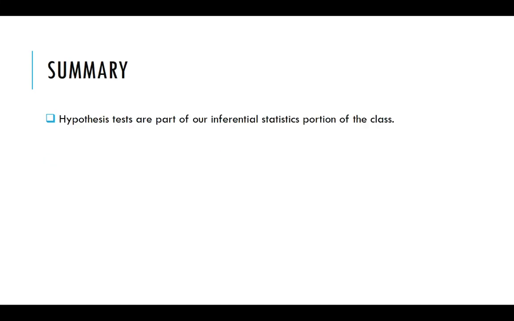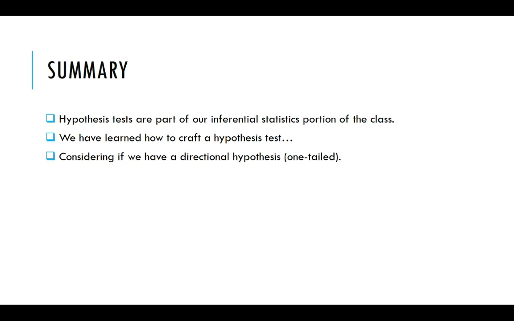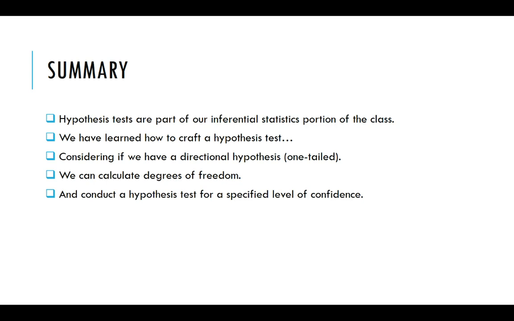So very quickly, gang, our hypothesis tests are part of our inferential statistics portion of the class. We have learned how to craft a hypothesis test, considering if we have a directional hypothesis, which is one-tailed, or not. We can calculate our degrees of freedom, and now we can conduct a hypothesis test for a specified level of confidence, right?